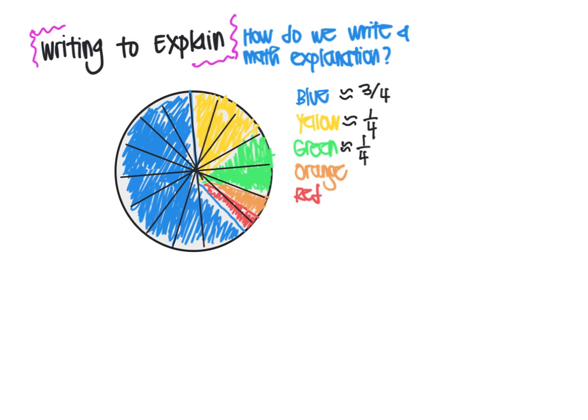So now I've split my circle into about 16ths. And in looking at it, I can see that now my orange is about 1/16, and so is my red.